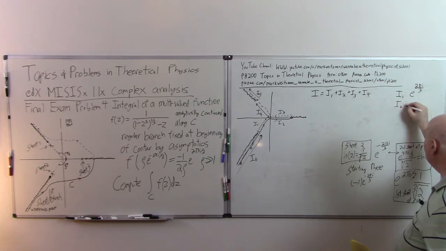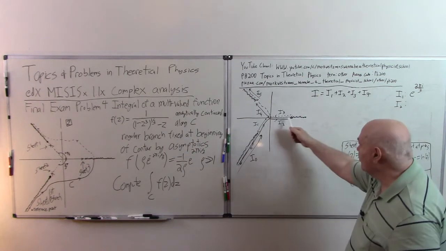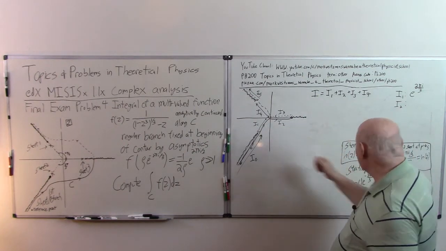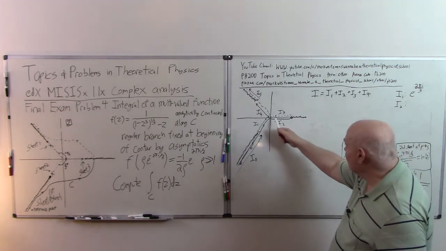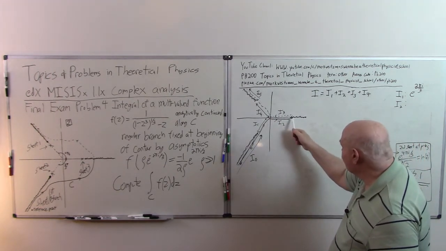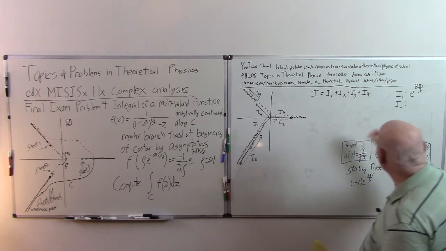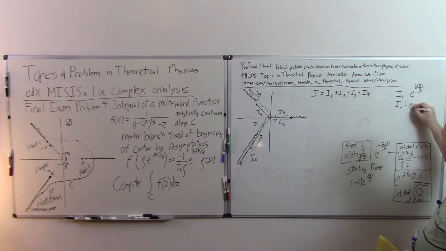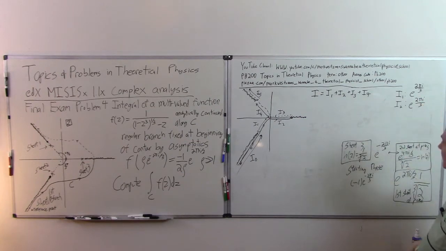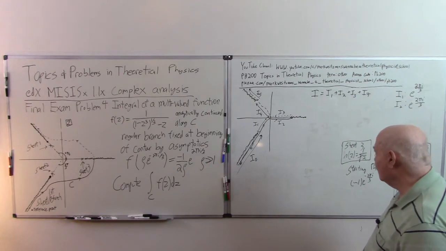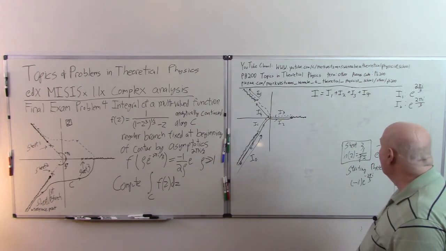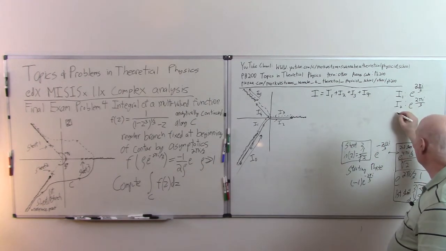On I2, it's the same thing. If you remember, I said all the poles evaluate to the same thing on the first sheet, and on this whole branch point, as long as we're inside here, it's the same e to the 2 pi i over 3 factor. You can verify this if you want, and I did, doing some Maple calculations, but there are also geometric ways of doing it.